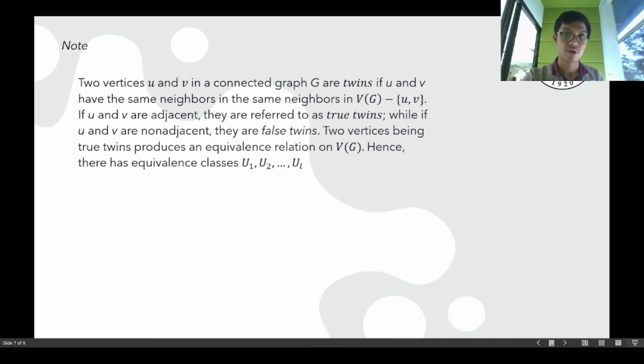If U and V are not adjacent, we say the pair is false twins. Furthermore, twins produce an equivalence relation on the set of vertices in G, which means there will be some equivalence classes. We name them U1, U2, until UL.